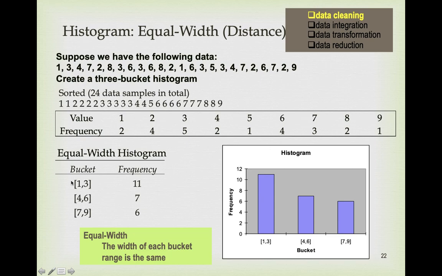That's why here we have values 1 to 3. For the frequency, we must add everything in values 1, 2, and 3. The same goes for bucket 4, 5, 6, and also 7, 8, 9. Please note that in equal width, the width of each bucket range is the same. So this is the histogram. As you can refer, this is the histogram picture.